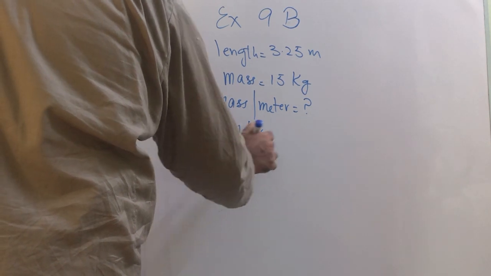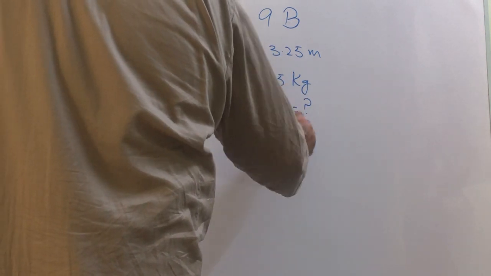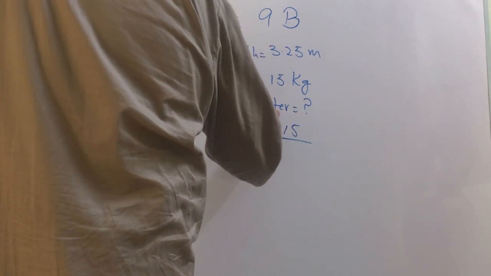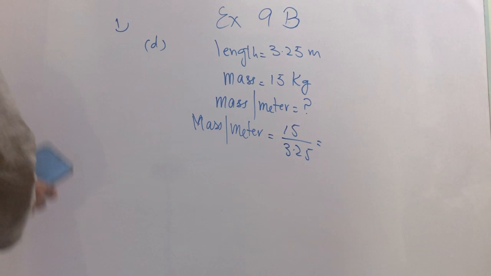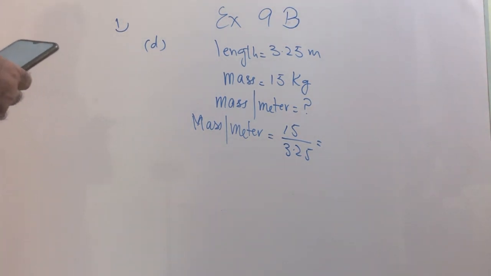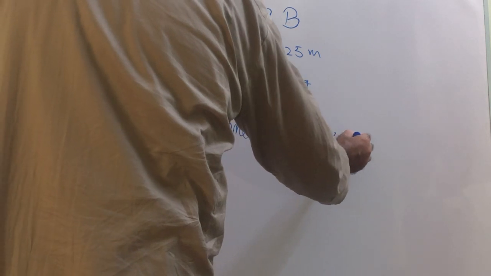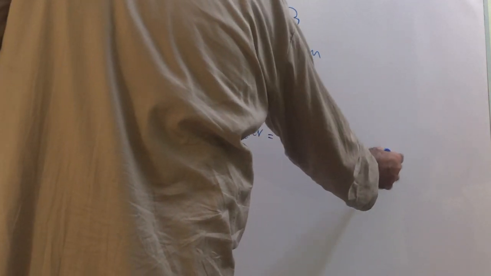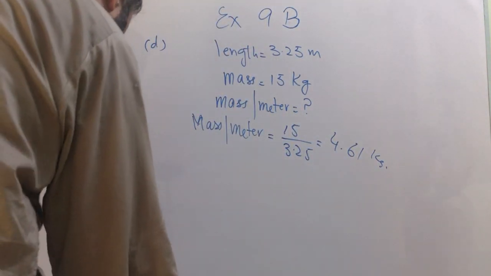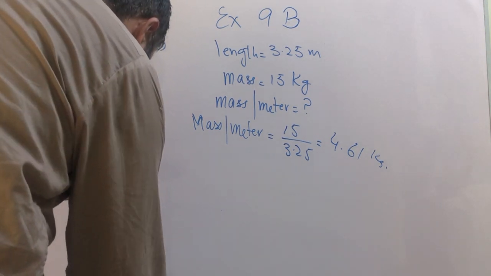It is mass divided by meter, or mass divided by length. So mass is 15 divided by meter, 3.25 meter. So if we use the calculator, we will be getting the answer 15 divided by 3.25. It becomes 4.615, 4.61. It is mass, so it is kilogram. So part D is done easily.